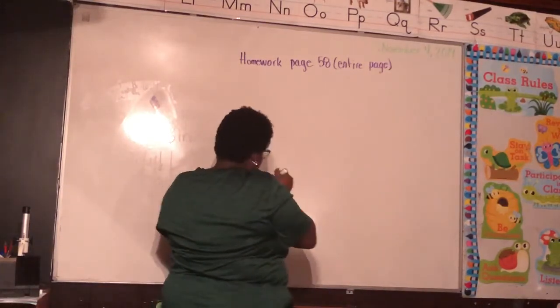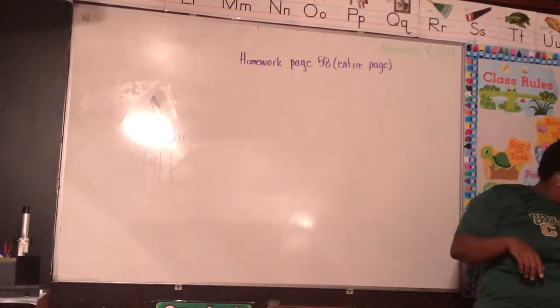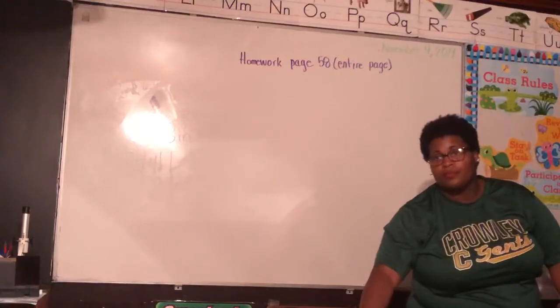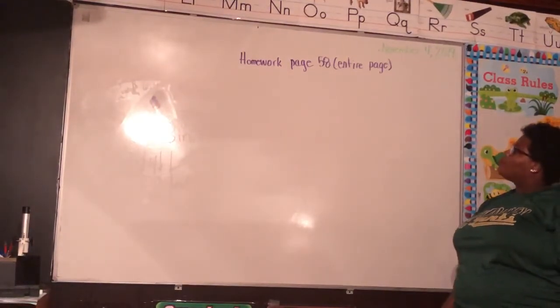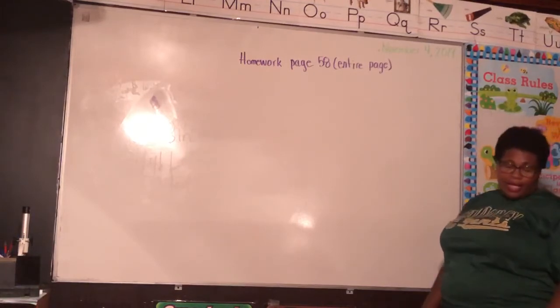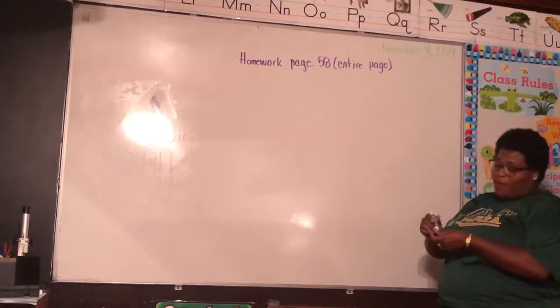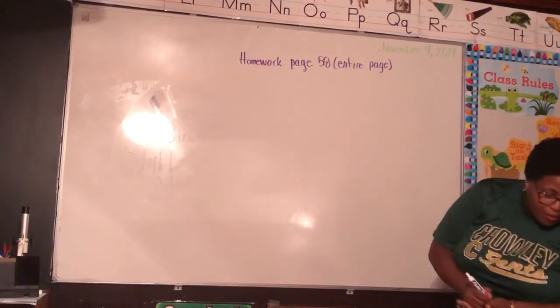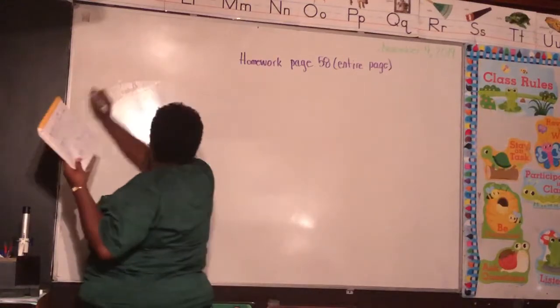Okay? Alright, let's go ahead and let's work. I'm on page 57 though. I'm going to write the problems while you write stuff in your planner or whatever you need to do.